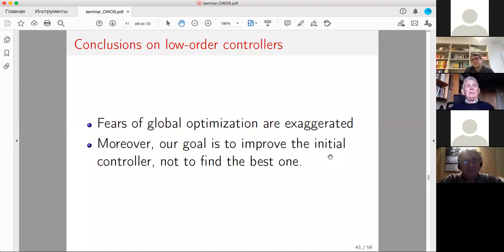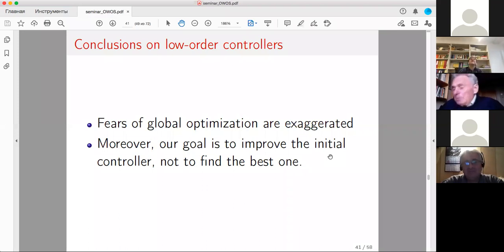Okay, now one can say that, unfortunately, here you can meet local minima and so on. But actually the experience of calculations demonstrates that fears of global optimization for this kind of problem are strongly exaggerated.